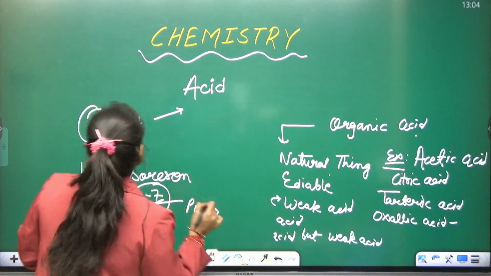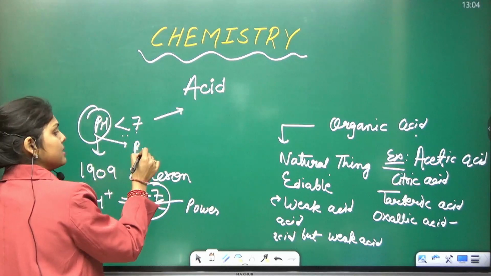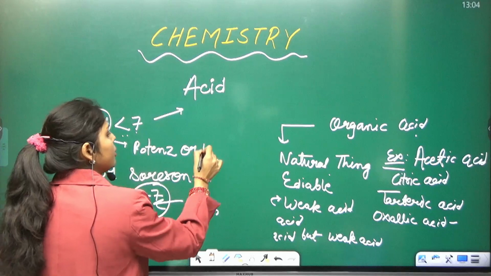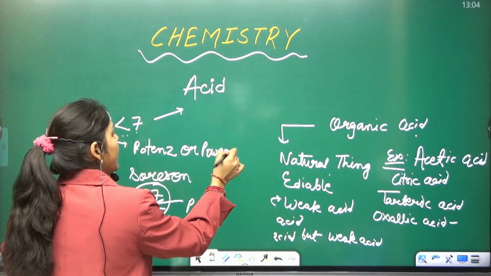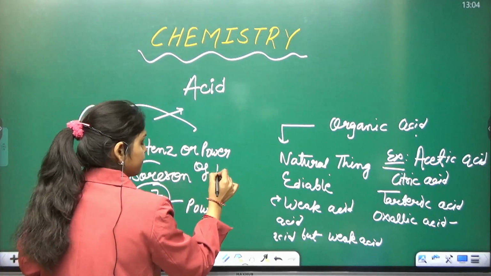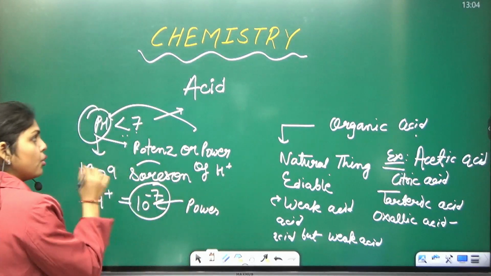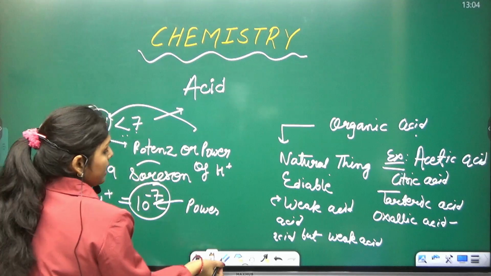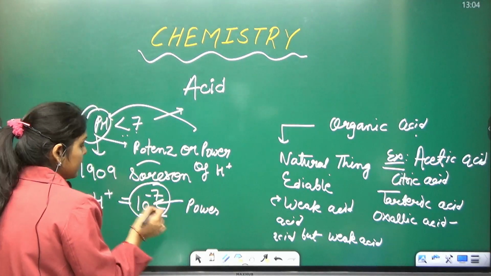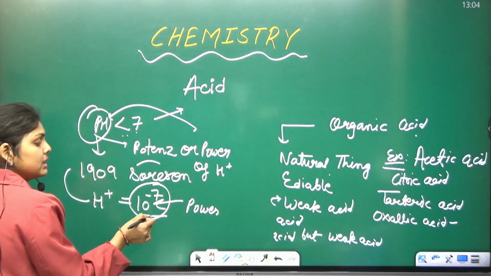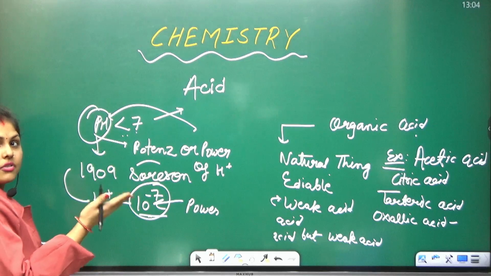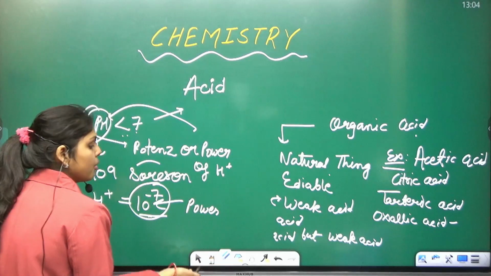So here P means potence or power, and it is with H, so it means power of hydrogen. So you can easily say that pH is power of hydrogen. Sorensen gave power to these numbers so we can easily calculate the value of a substance in form of acid or base.